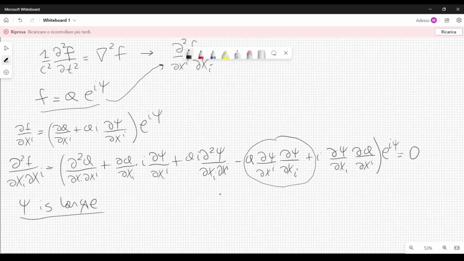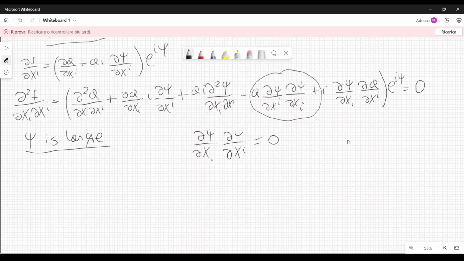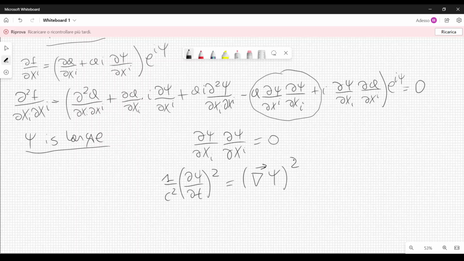And therefore we can set dpsi/dx^i times dpsi/dx_i equal to 0. And this equation basically tells us that 1 over c squared times (dpsi/dt) squared is equal to the gradient of psi squared, like this.